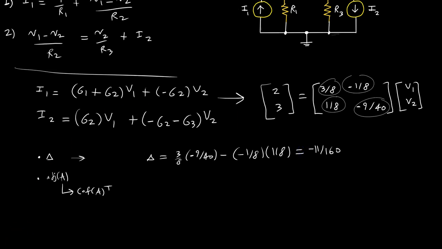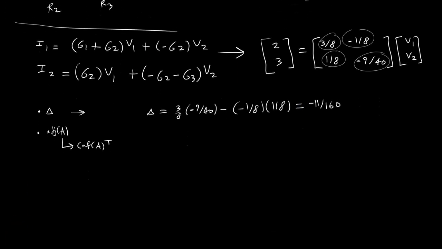So that's the answer for the determinant, and now we can find the cofactor. So the cofactor of A would be negative 1/8. For the second term we're going to cover these two guys and negate that term. Then we're going to also negate the other term and finally get to 3/8.